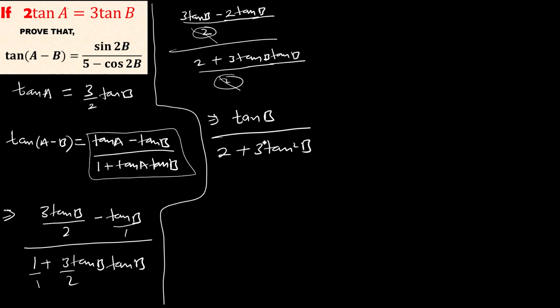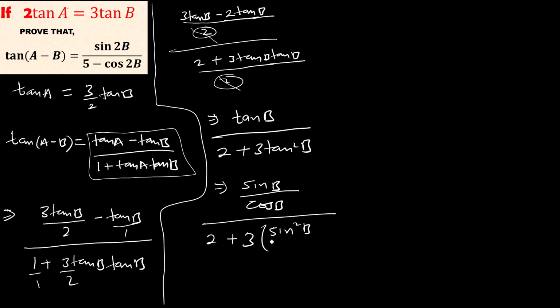So tan B on the numerator is the same as sin B over cos B. And we have 2 plus, so this side is tan squared B, so I will be getting sin squared B on cos squared B.